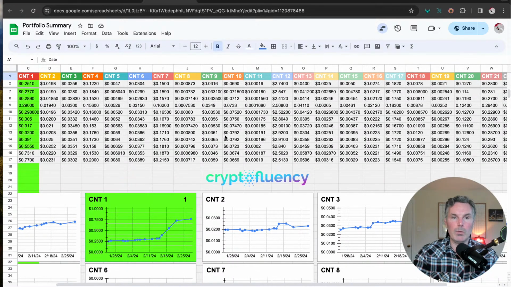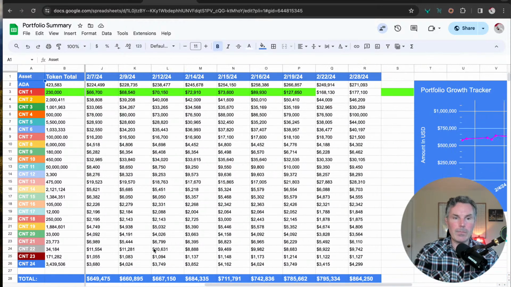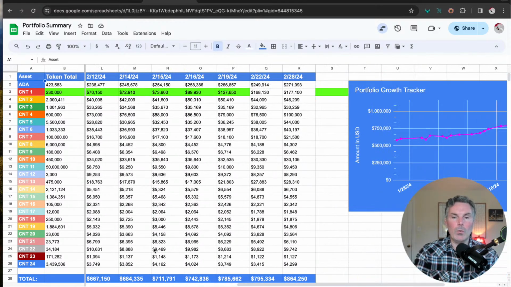And we'll look at that here. We are going to do our growth tracker. Let's see how the portfolio has been performing, right? We started on January 25th. The portfolio was $581,317. And boom, look at today, 2/28.